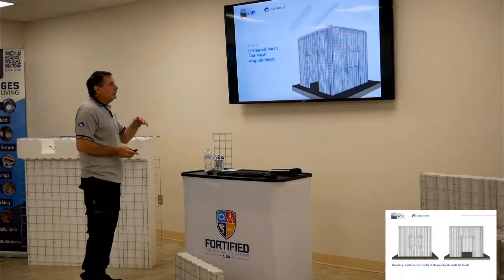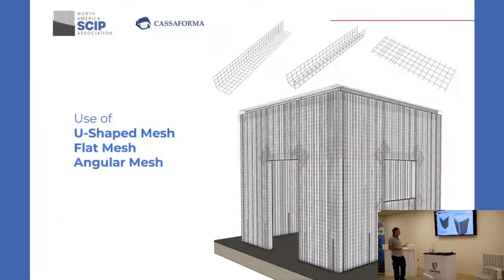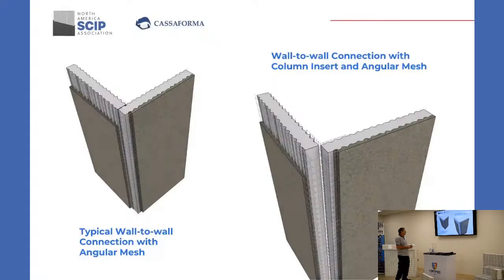So here we are seeing, once again, what we have explained before. Here we see the connections. In this case, we had to take a better look and see if the thickness of the panel can be fully covered with the angular mesh, or whether we have to combine an angular mesh with a flat mesh if required.